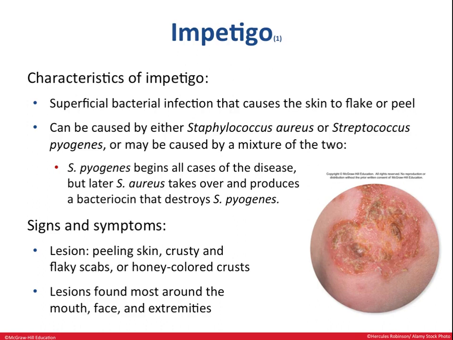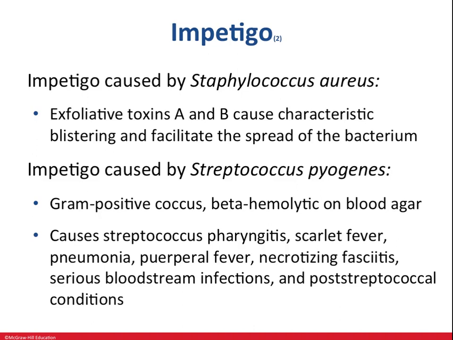We can find these lesions around the face, the mouth and the extremities, especially on the cheeks, because when babies and children eat, food gets sticky on the cheeks, which can cause the bacteria to grow and cause skin infections. Staphylococcus aureus can generate exfoliative toxins A and B, which cause the blisters.